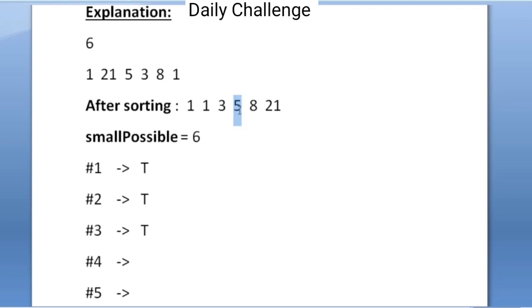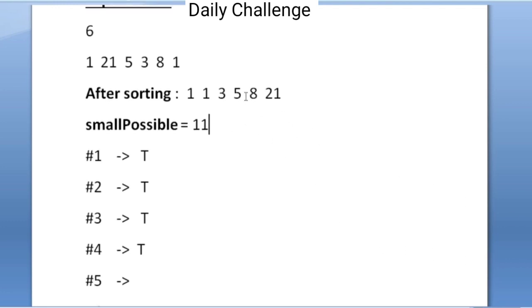Now in the fourth iteration we are comparing 5 and 6. 5 is less than or equal to 6, so true. 6 plus 5 is 11. Now in the fifth iteration we are comparing 8 and 11. Again it is true, 8 is less than or equal to 11.